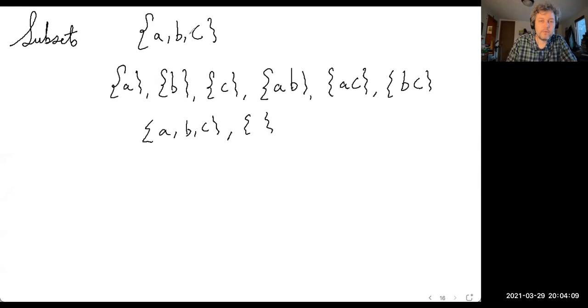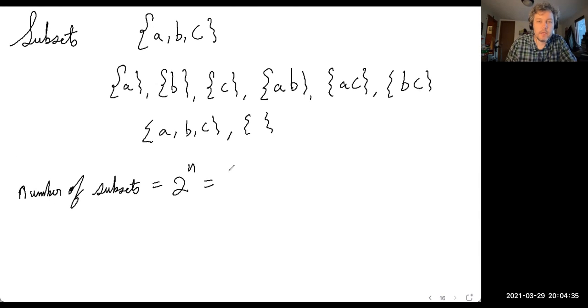Now we have 3 different elements. So the number of subsets is 2 to the n. Maybe I'll write this out again. Number of subsets equals 2 to the n.